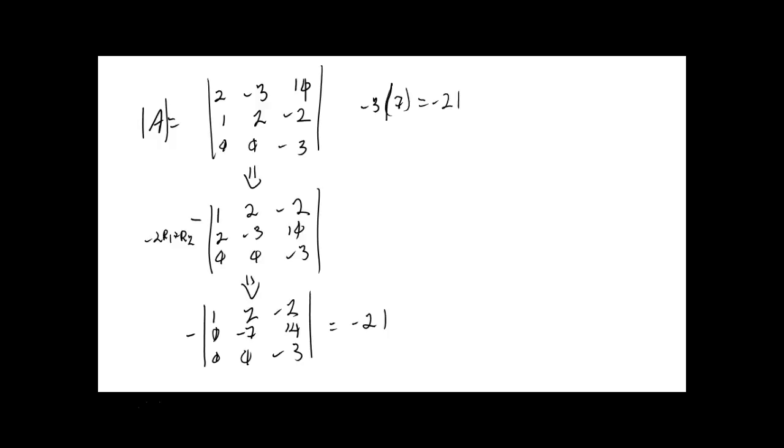Operations performed on columns rather than rows of a matrix are called elementary column operations. And the two matrices are called column equivalent. Before we called them row equivalent, now they're column equivalent, when one can be obtained from the other by elementary column operations.